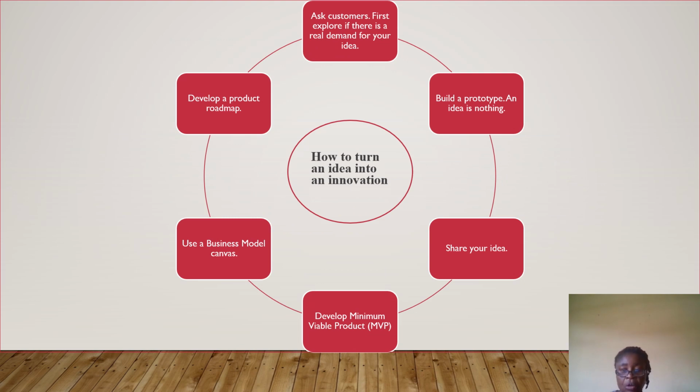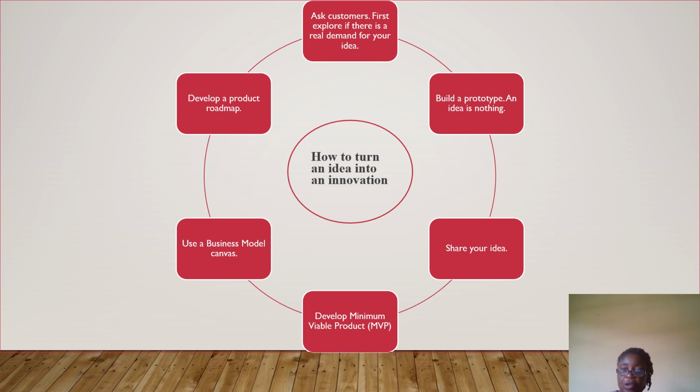How to turn an idea into innovation. As an entrepreneur, how do you turn an idea into innovation? So the first thing you need to do in order to turn an idea into innovation is to ask questions. Perhaps to ask customers questions.